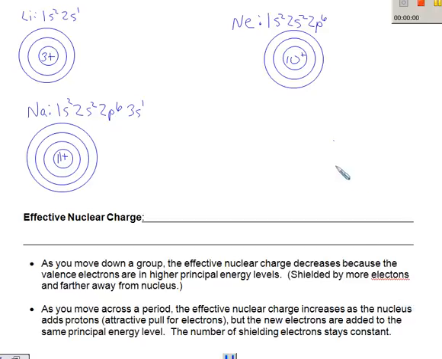Okay, now we're going to talk about effective nuclear charge. And let's first write the definition down here.